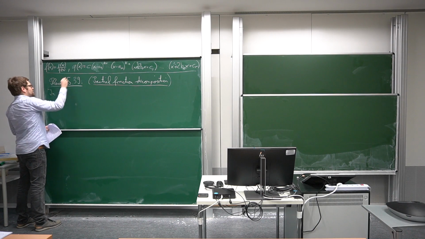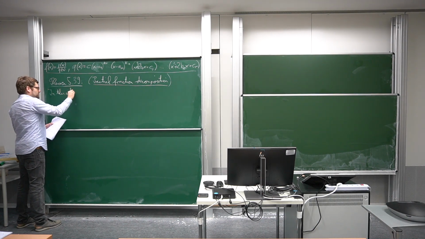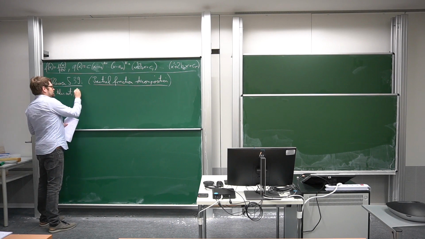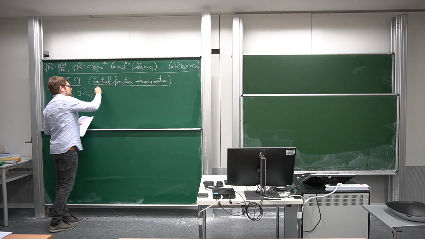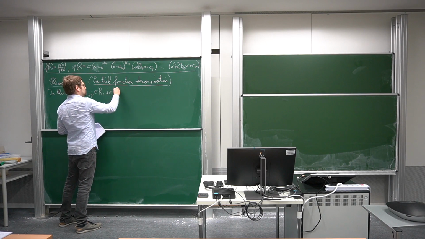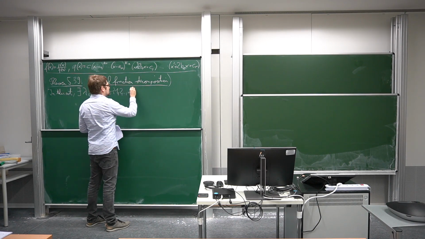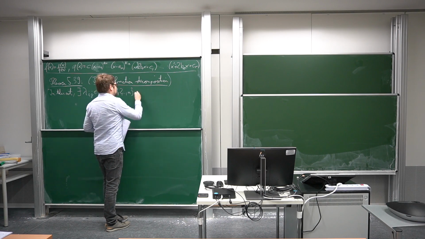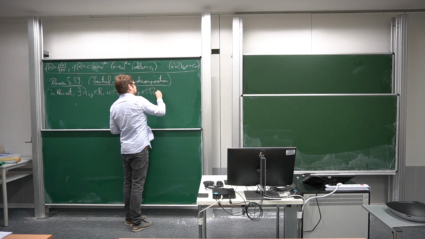Namely, in this situation with all this notation, the partial fraction decomposition theorem says that there exist numbers, and now it gets messy, lambda ij in R, indexed by i between 1 and m, the number of different linear factors in there, and where j goes from 1 to ki, the power of the ith factor.